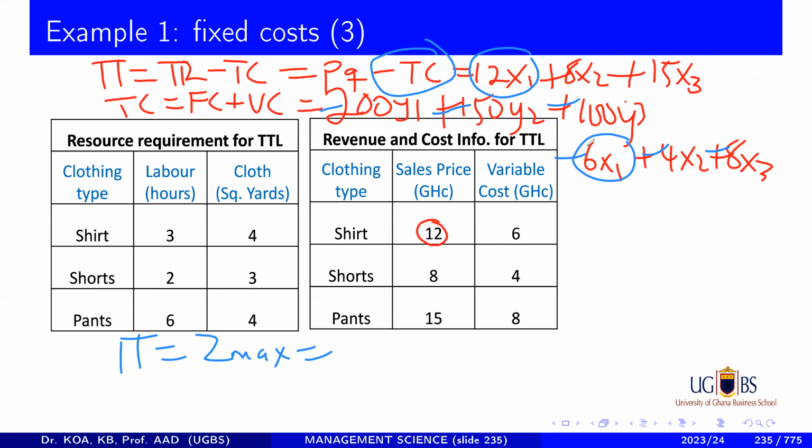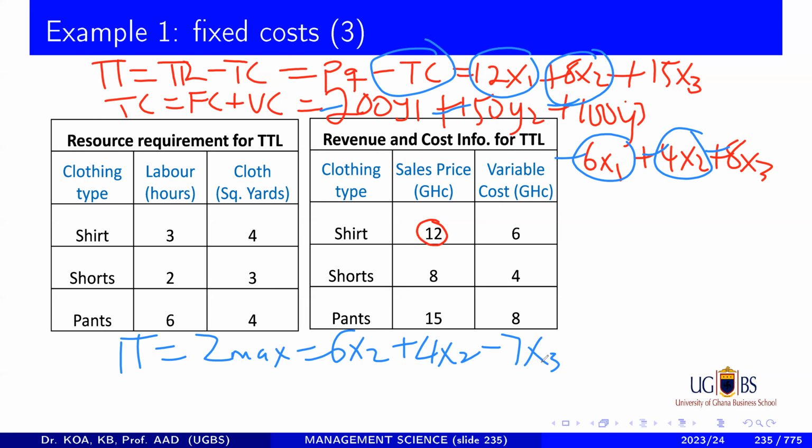12 minus 6. And that will be 6x1. The second one will be 8 minus 4. That will be 4x2. Then the last one will be 15 minus 8, which is 7. And remember, they are all minus. So it's going to be 7x3.